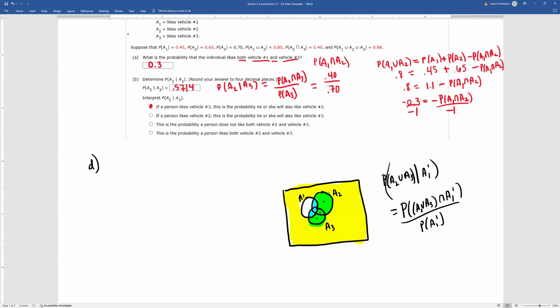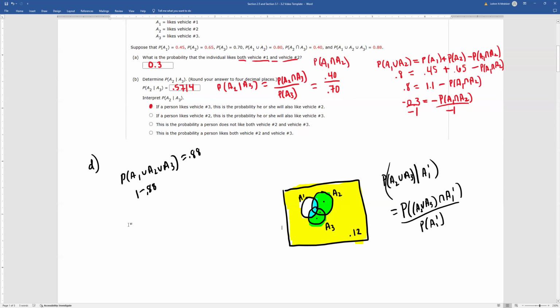So let's talk about what they gave us. They told us the probability of A1 union A2 union A3 is 0.88. I'm starting with this because it's going to help me find my outside. Well, the universe is the whole box, and the union of all three would be all three circles. So the yellow part that's not got the green overlap on it would be 1 minus 0.88. If we start there, that'll tell us how much is in the outside, and that's going to be 0.12. Okay, so we have that out here.